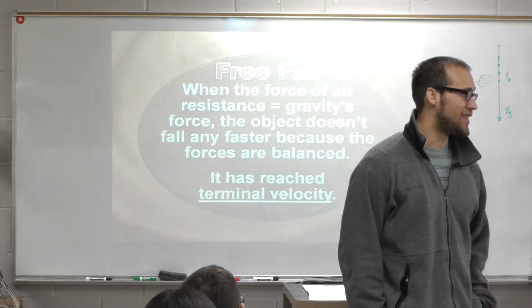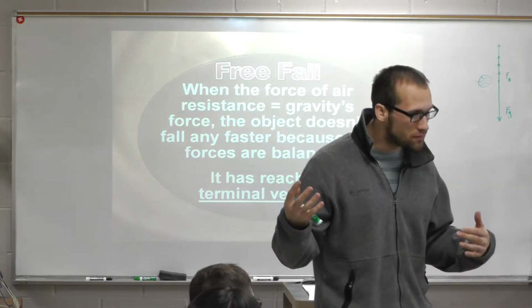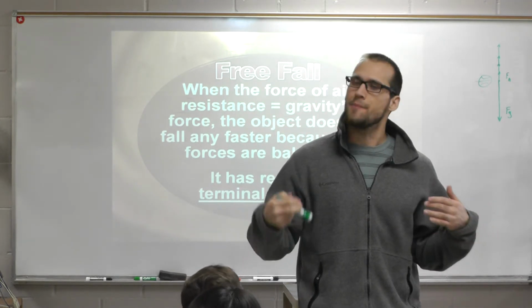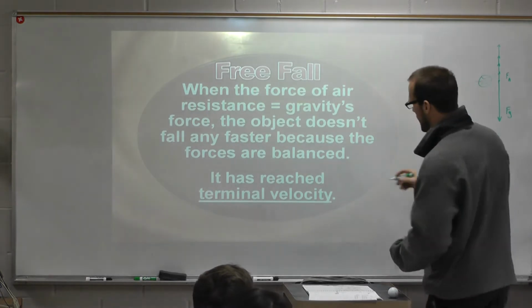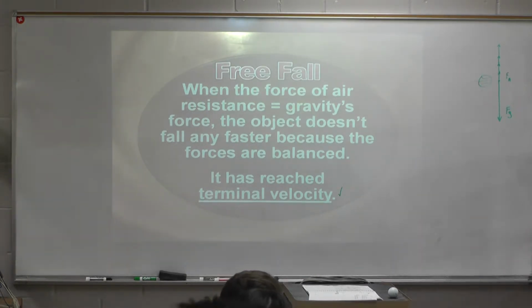But we know that first off, we don't have an infinite height. Second off, we don't have an infinite vacuum. Okay, so that's just in theory, guys. But if we drop an object in real life, eventually it will reach its terminal velocity. As an object falls, it gets faster and faster, which does what to the air resistance? It increases. Eventually, it will be moving so fast that the air resistance will what?